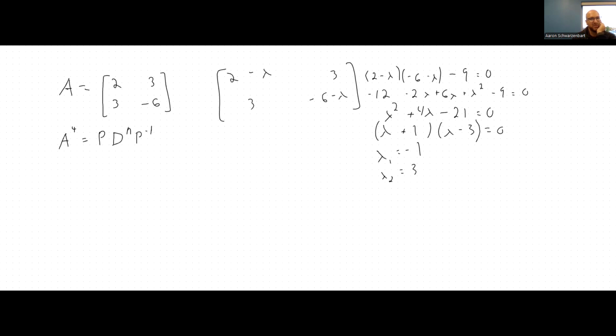Now I shall look for corresponding eigenvectors. I didn't write that 7 very well. Two minus lambda.